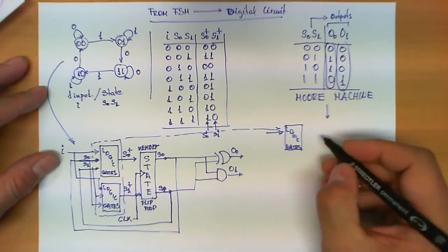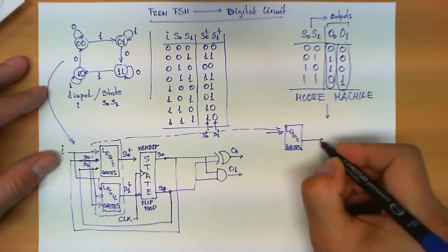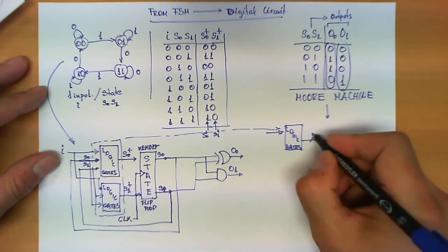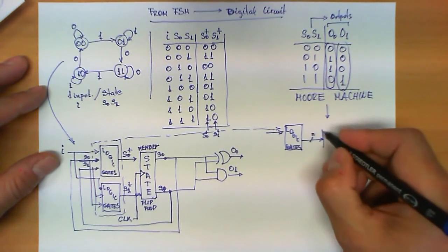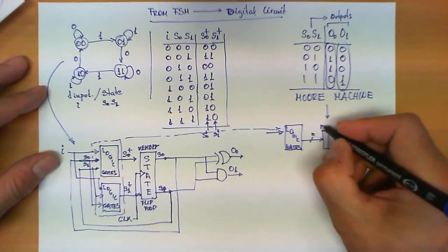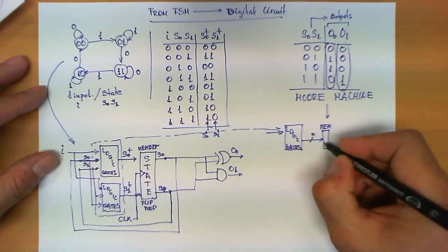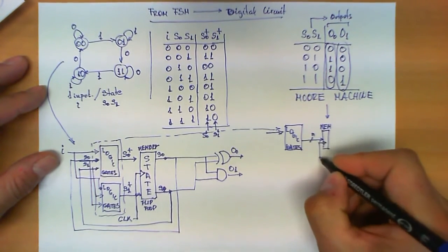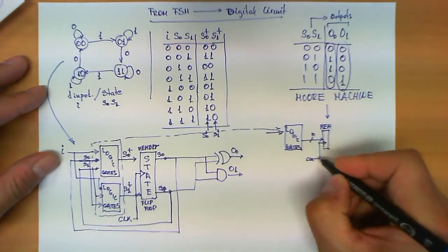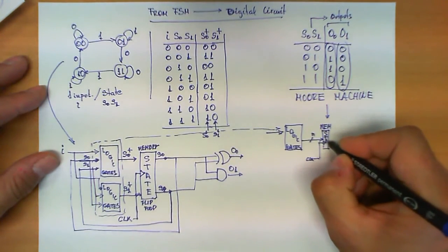This block would be in charge of generating all the required signals, whatever is necessary, that feed into a memory element, which obviously has a clock, which will contain the state.